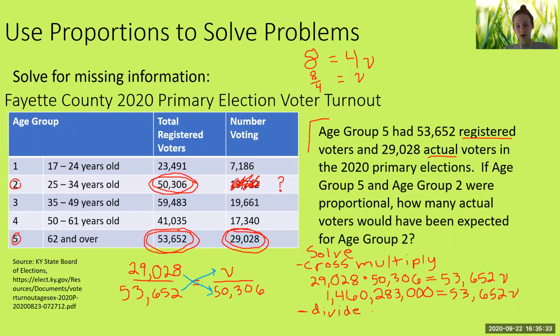So we're going to take 1,460,283,000. We're going to divide it by 53,652.